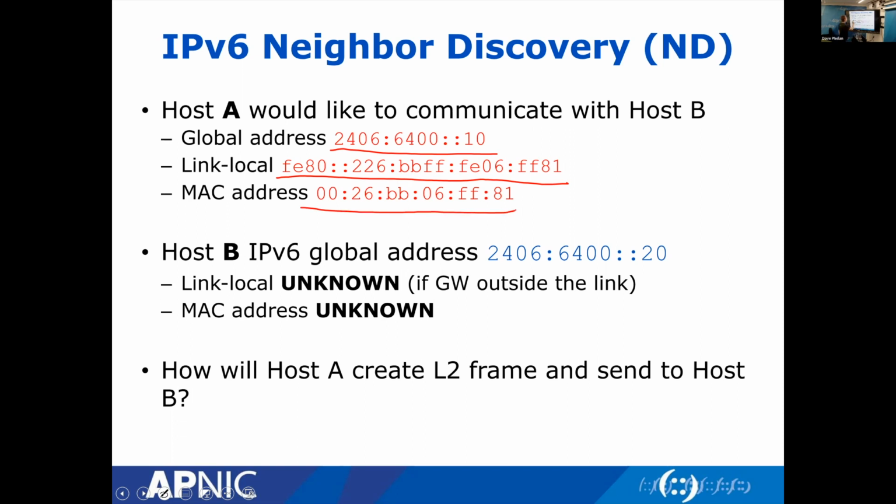And I want to talk to host B. And all I know is their global unicast. Link local is currently unknown, and their MAC address is currently unknown. So how do I create a frame to be able to talk to host B at layer 2?